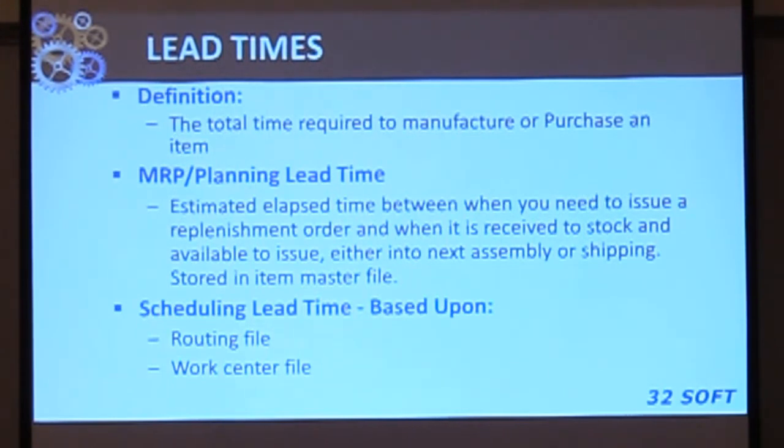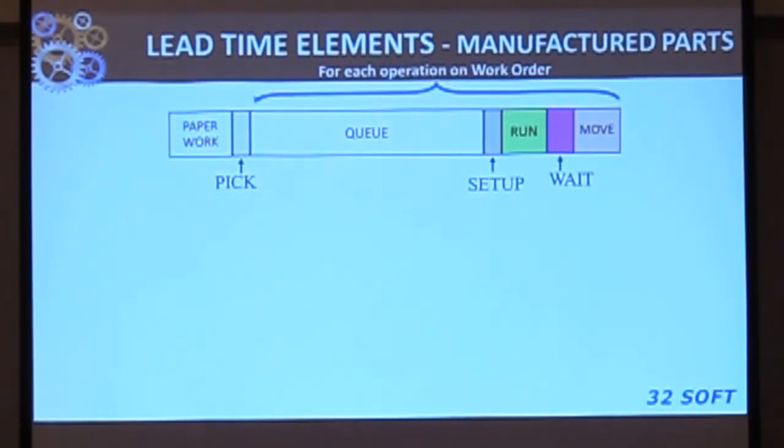On a scheduling basis, and we'll talk about this when we get to our discussion of scheduling, it's in the routing file or the work center file. So there's, as I mentioned, operation lead times and inter-operation lead times.